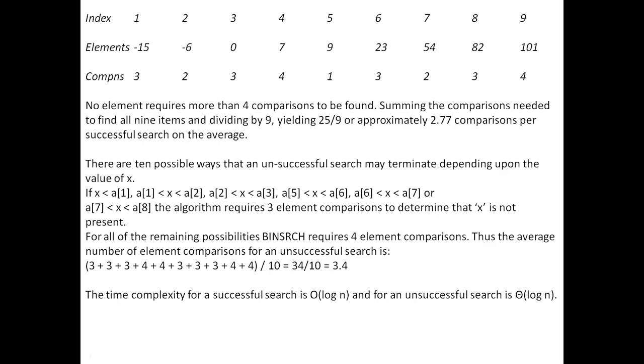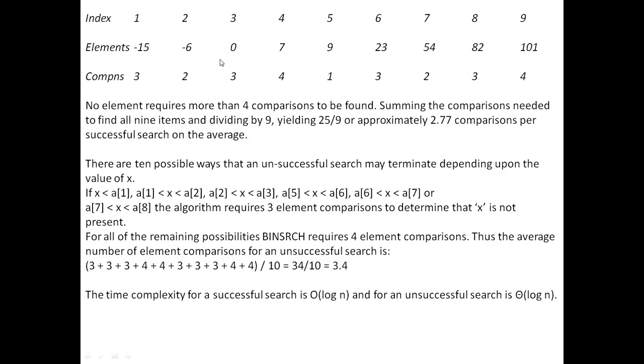Now, for unsuccessful search, you can search for a value less than minus 15, that is minus 20, like this. So there are 10 possible ways that an unsuccessful search may terminate depending on the value of x.